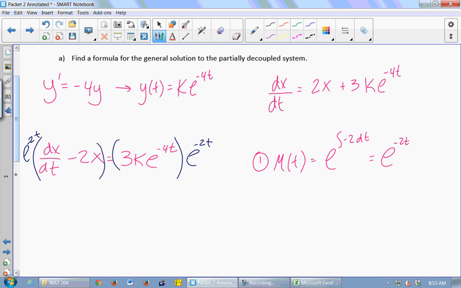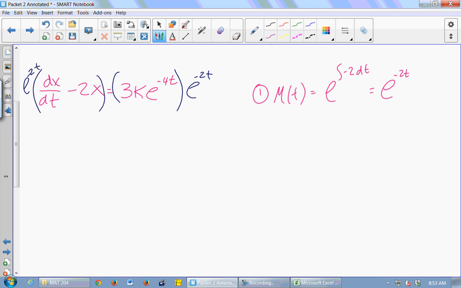Okay, so on the left, I have e to the negative 2t times dx dt minus 2x e to the negative 2t. And e to the negative 4t times e to the negative 2t, what is that? E to the negative 6t. Like bases, add the exponents.